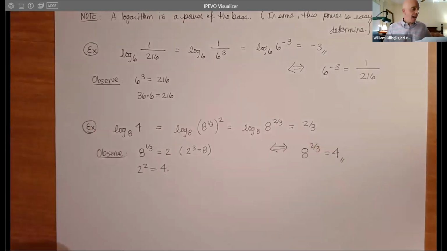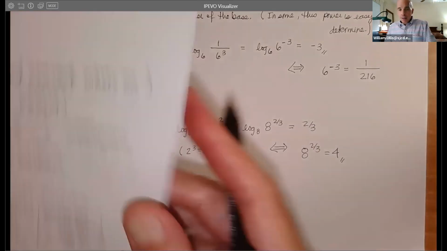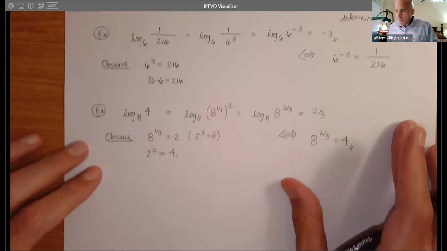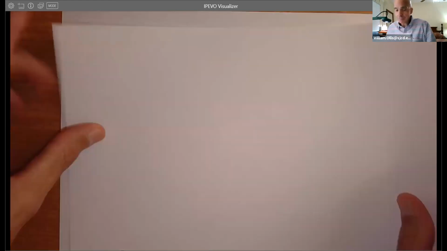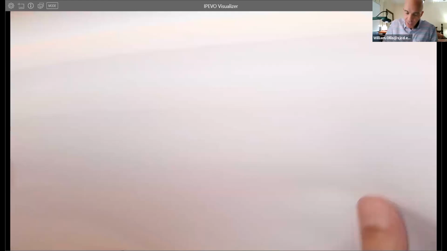Now, I have an example here. For instance, if we know that the domain of the logarithm, or the input of a logarithm, has to be positive, this can help us compute domains. So here's a simple example.